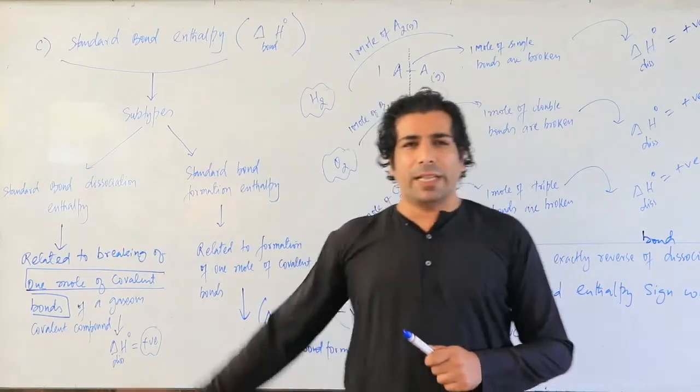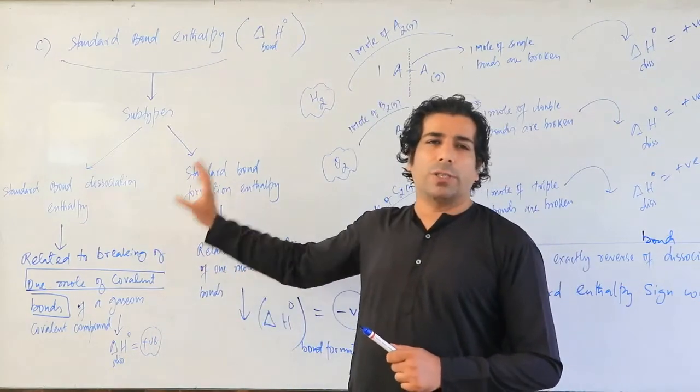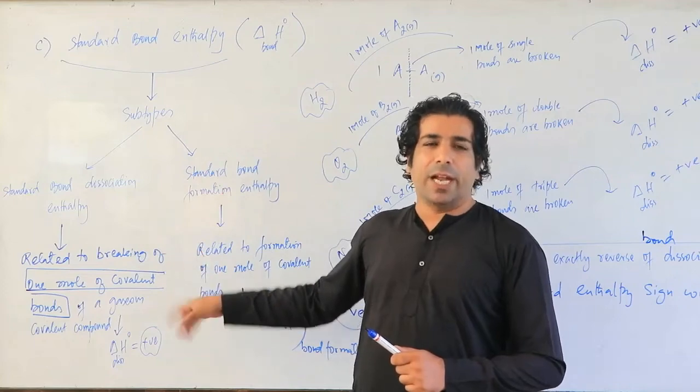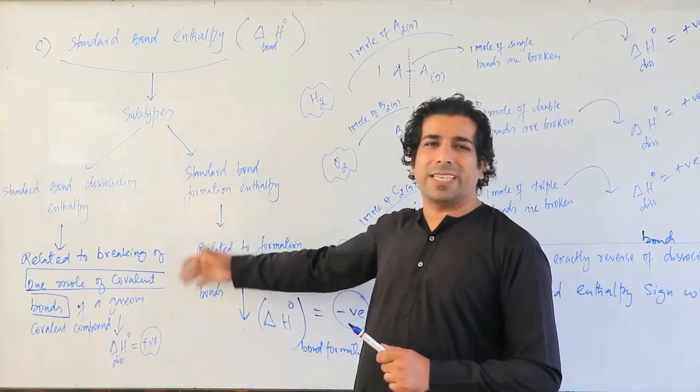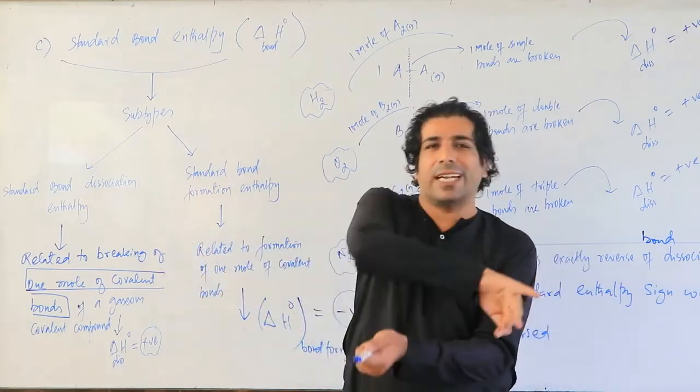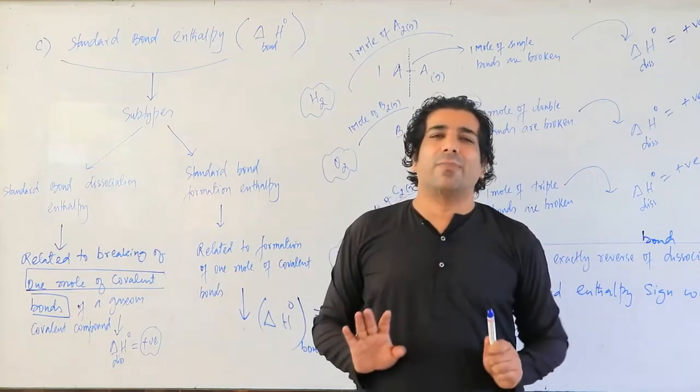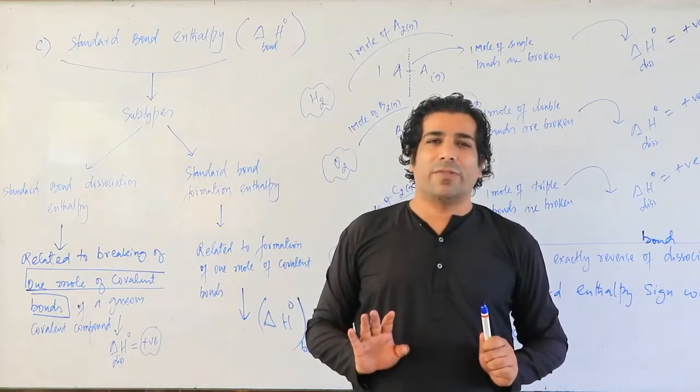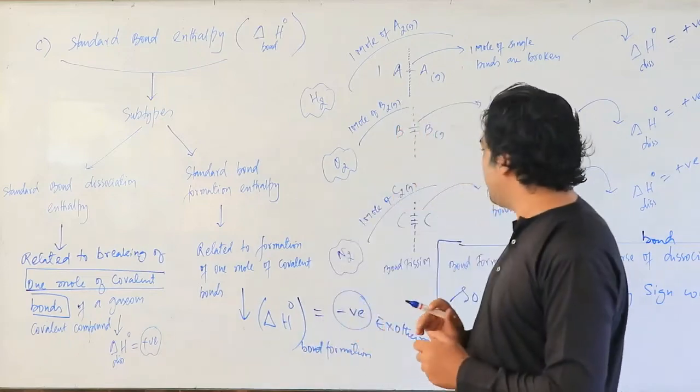And now we will mainly focus on bond dissociation enthalpy. And you know that bond formation enthalpy is exactly reverse. You reverse that reaction and that's exactly the bond formation. Yes or no, my dear friends? Have a look here, I can just show you that as well.